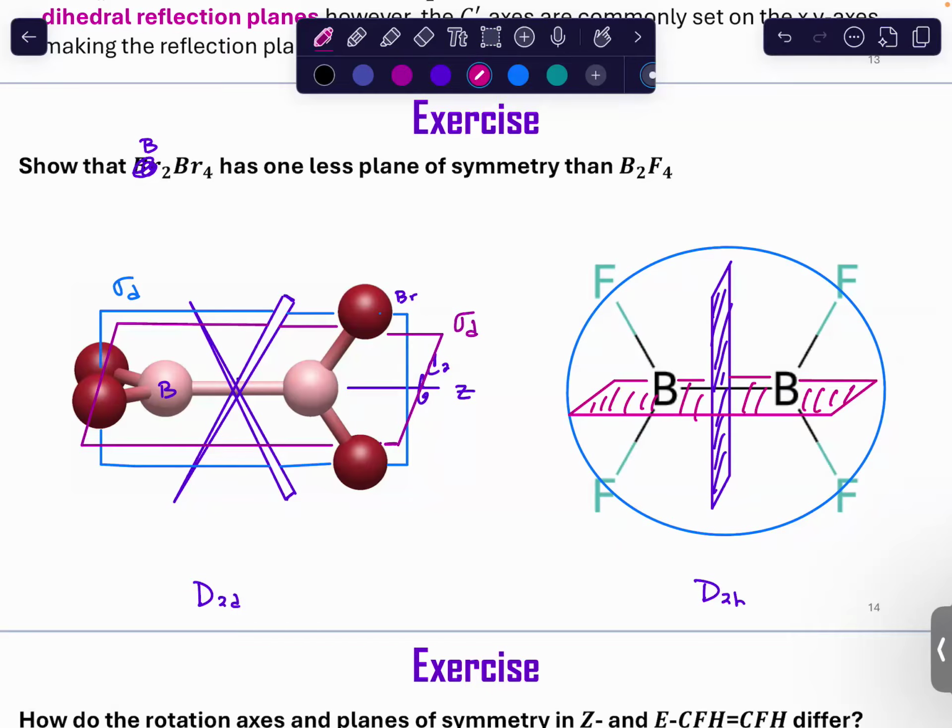So if we're able to pick out the planes, you can see that this one does in fact have one more symmetry plane than the D2D molecule.